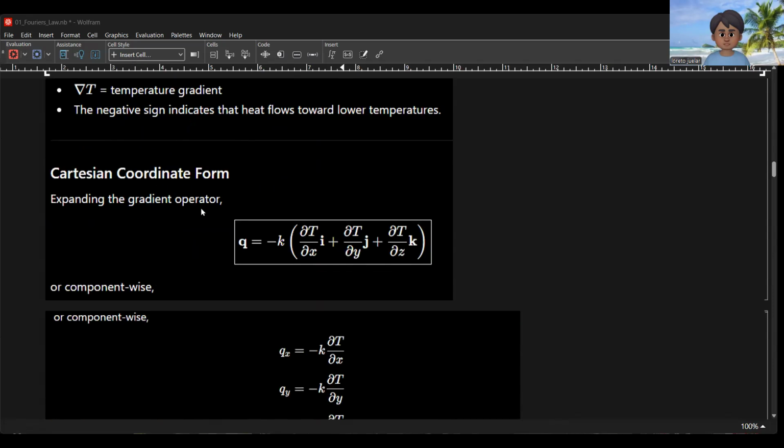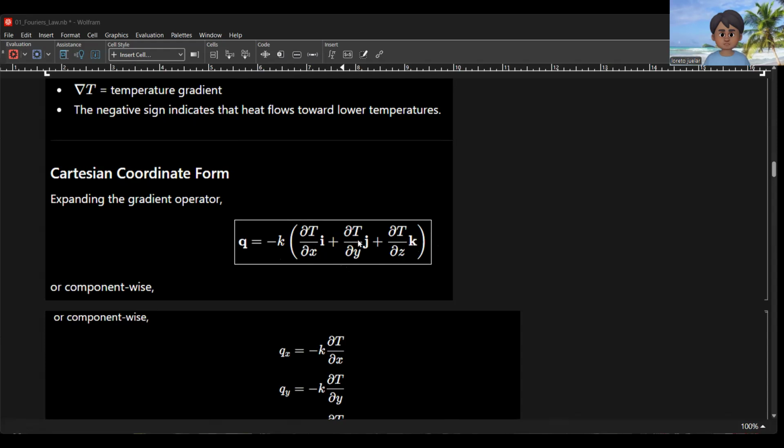We have the Cartesian coordinate form. Expanding the gradient here, we have q equals negative k times the partial of T with respect to x, times i. Here i, j, and k are the unit vectors: i along the x-axis, j along the y-axis, and k along the z-axis.